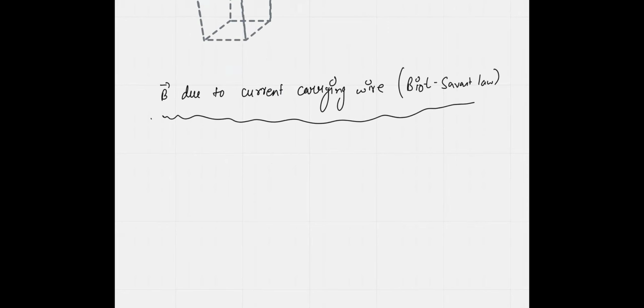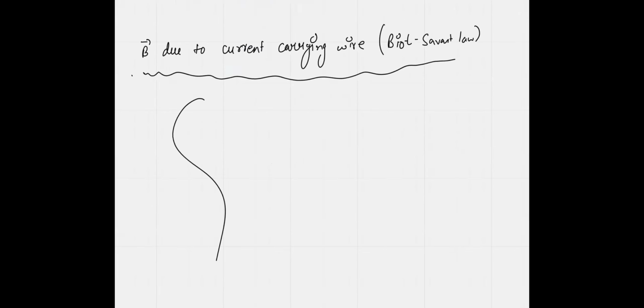So assume I am having a very random wire. The current is I. Let's say current is this.